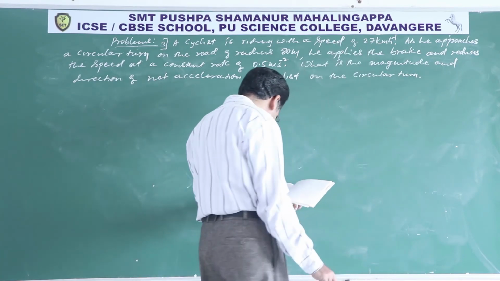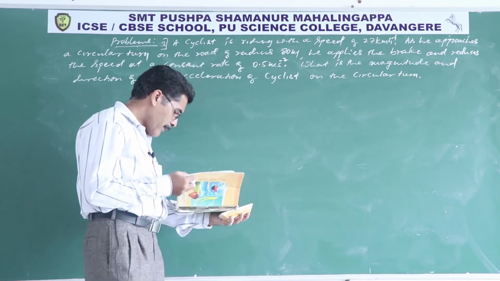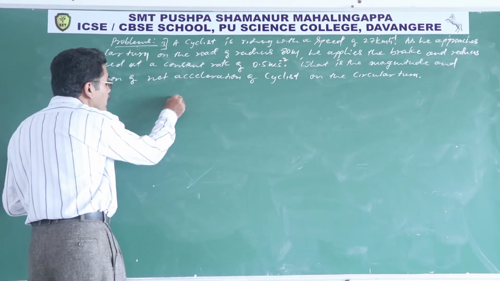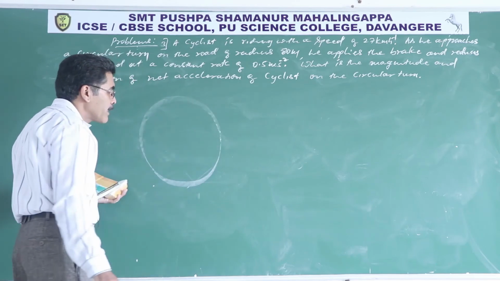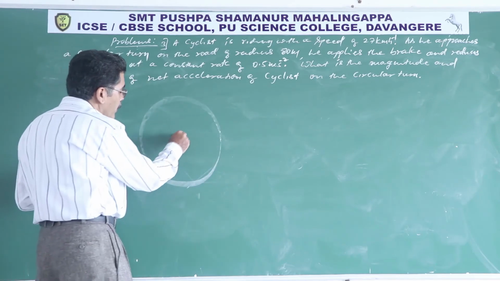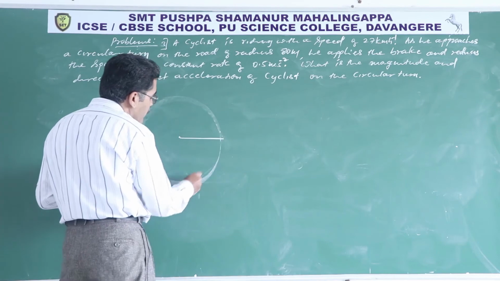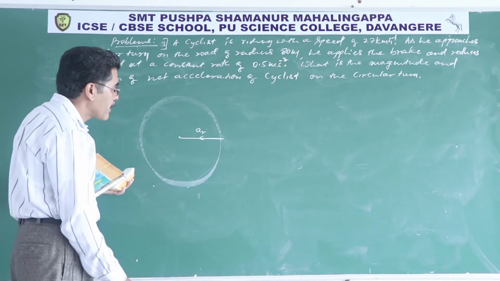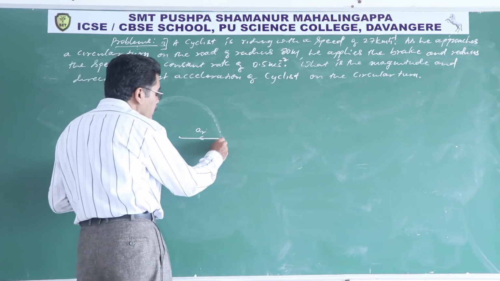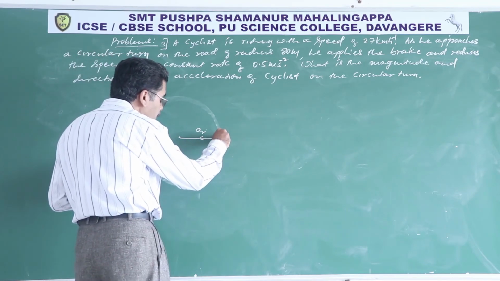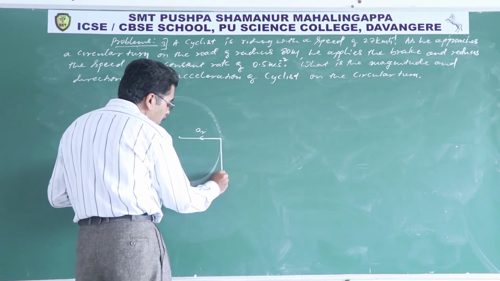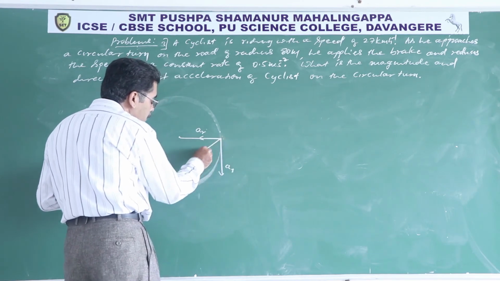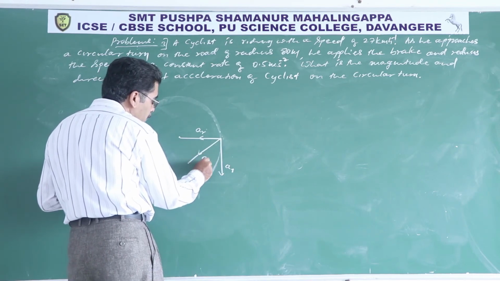See, this is an interesting problem because they have given the tangential acceleration also. Here the cyclist is moving, he is taking a turn, and there are two components of acceleration. One is the radial component, the centripetal acceleration, and we have the retardation, the tangential component, acting in this direction. Therefore, see, this is the net acceleration.